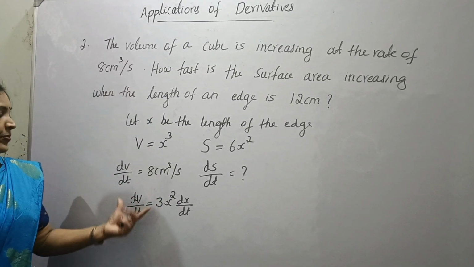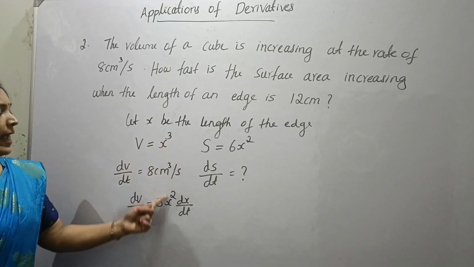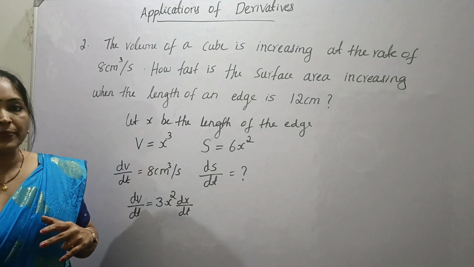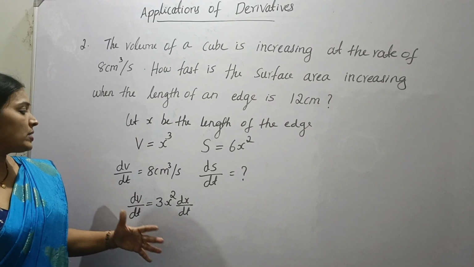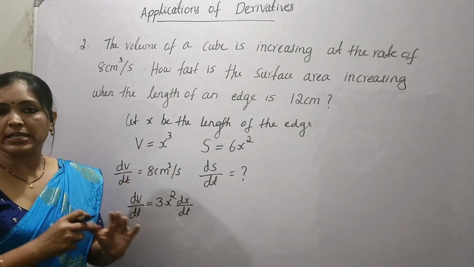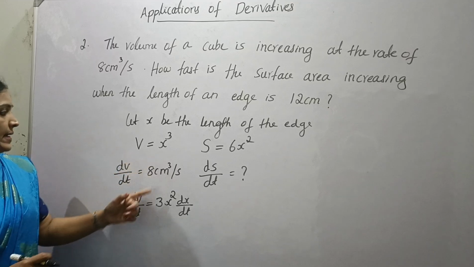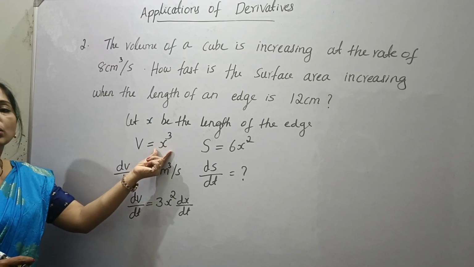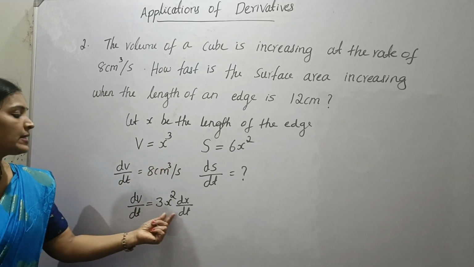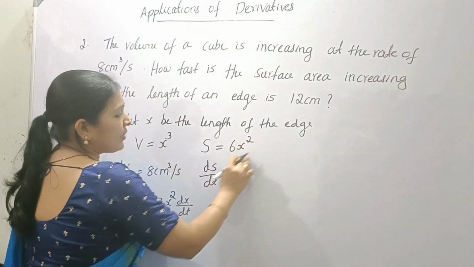We are differentiating with respect to t because dV by dt is given and we have to find dS by dt. That is dV by dt is equal to 3x square into the derivative of x with respect to t, that is dx by dt.